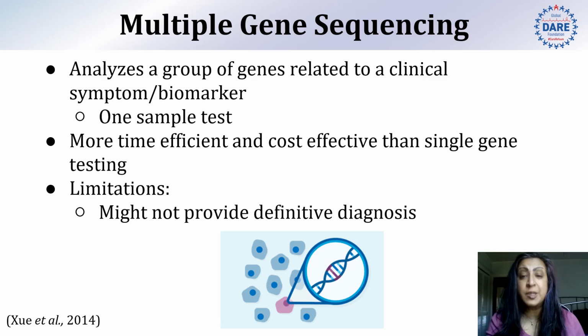This approach is especially helpful when a patient's symptoms could be linked to several possible conditions or diseases and therefore several possible genes. However, while multiple gene sequencing can narrow down the possibilities, it does not always provide a definitive diagnosis. And in those cases, broader approaches such as whole exome sequencing or whole genome sequencing might be necessary.